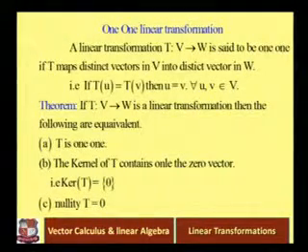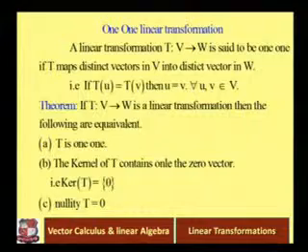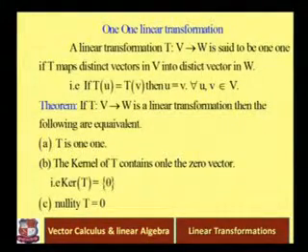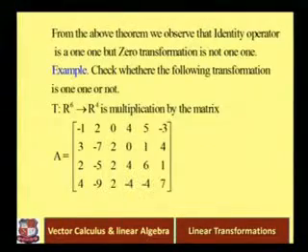So if we prove that the nullity of the transformation is 0, then T is 1-1. You have to remember that thing. Here is a proof of that theorem.